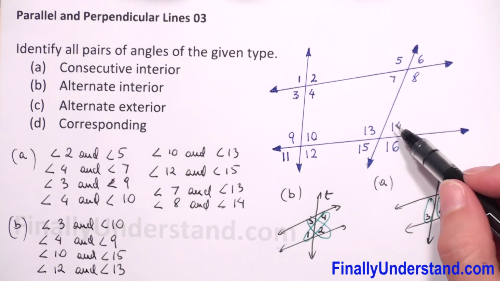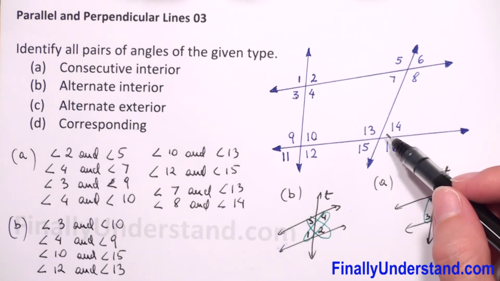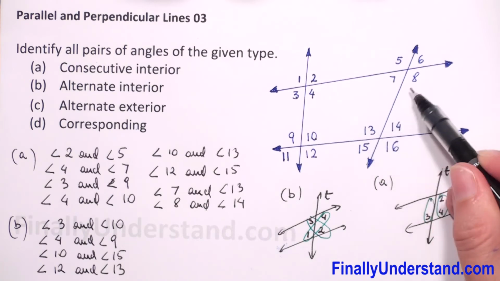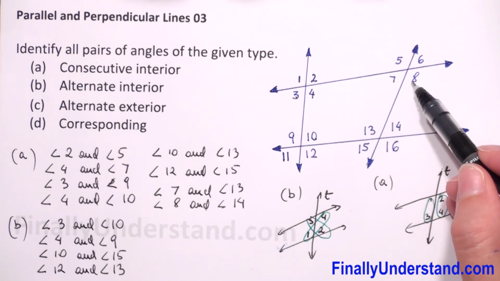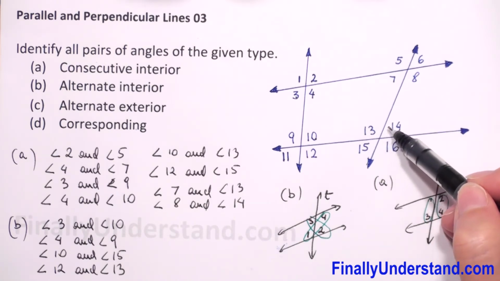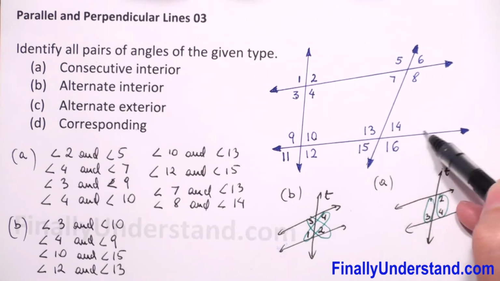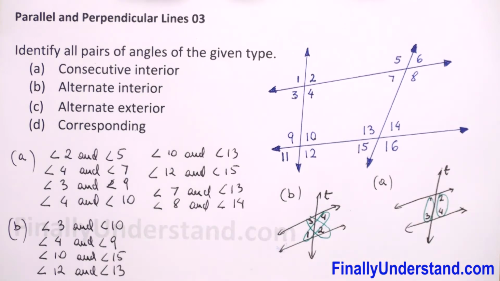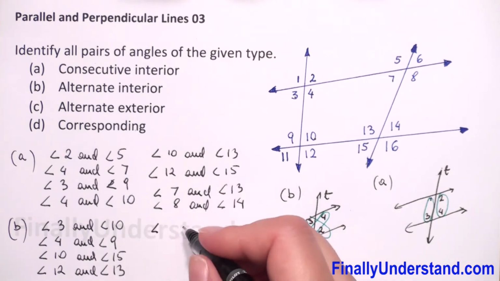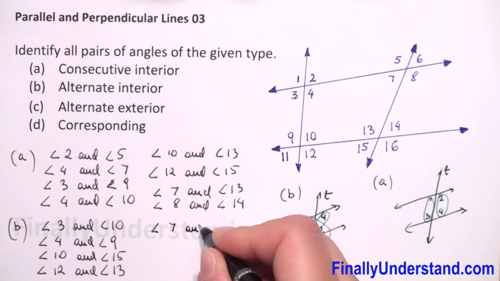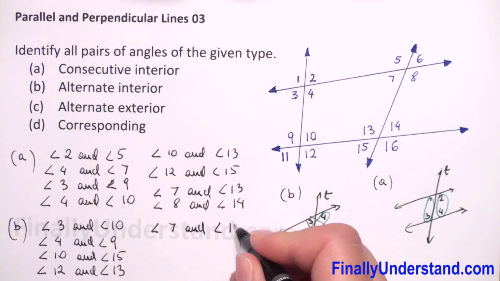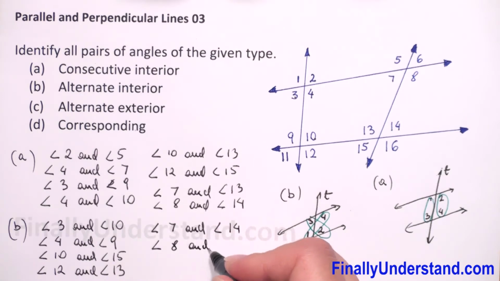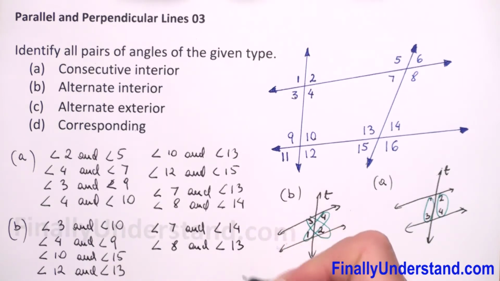Next, let's say that this is our transversal. So alternate interior angles are on the opposite sides of our transversal and between these two lines. So 13 and 8 and 7 and 14. So we can write that angle 7 and angle 14, angle 8 and angle 13.